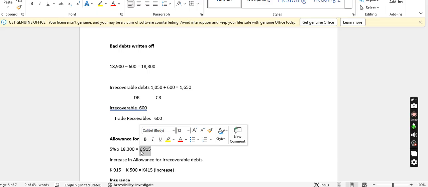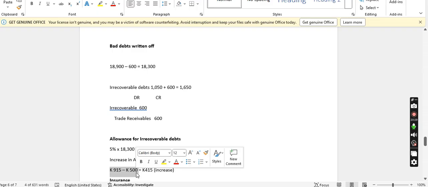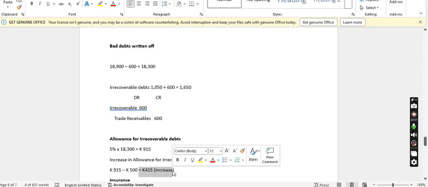So we have to find out this increment, it's by how much? So you say 915 minus 500, 415 kwacha. So we have a 415 kwacha increase in the amount which we're estimating we might not get from the people who are owing us.